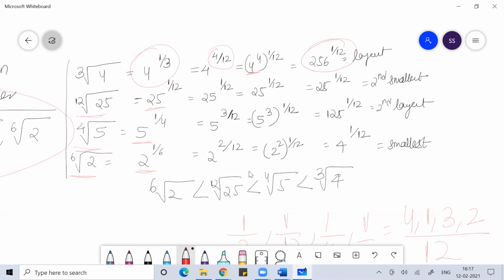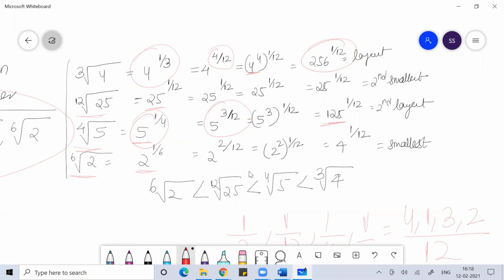What I'm trying to do is make the power equal, I'm trying to make everyone's power 1 by 12. So like this, the second one I did nothing. Third one, 5 to the power 1 by 4, I wrote 5 to the power 3 by 12. Then if I took 3 inside, I'll get 125 to the power 1 by 12.